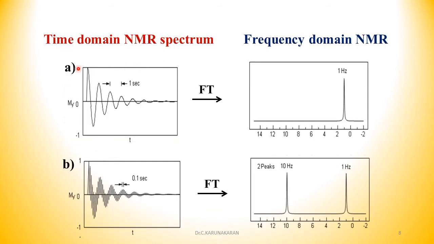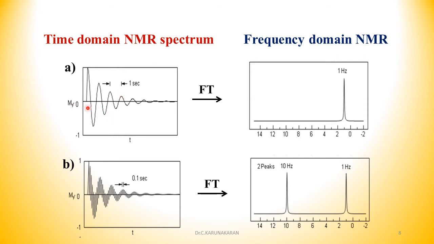Let us see now what is a time domain NMR or ESR spectrum and a frequency domain ESR or NMR spectrum. This is the free induction decay signal, the FID signal. This is the magnetization along the My axis. The magnetization along the Z axis is called longitudinal magnetization.